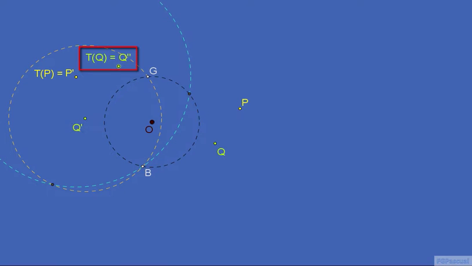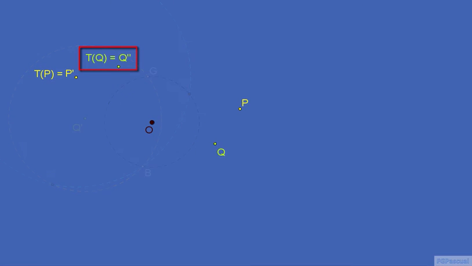Now that we've settled that T of Q is Q double prime, we have to show that T is a rotation. To prove this, we will show that angle QOQ double prime is congruent to angle POP prime.